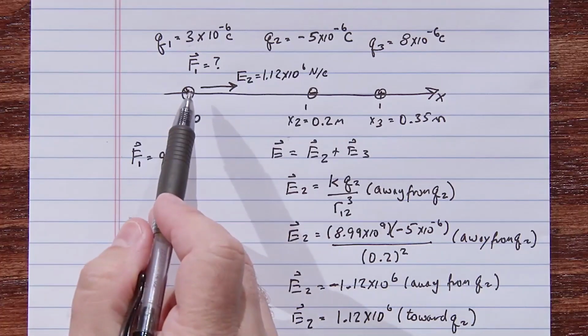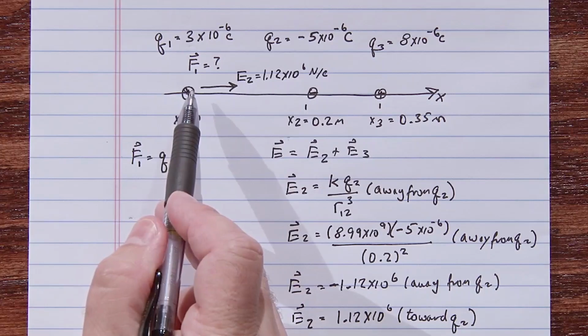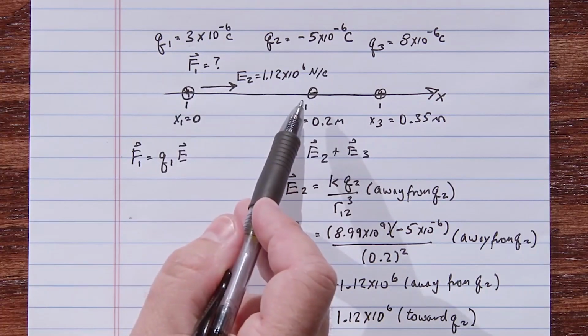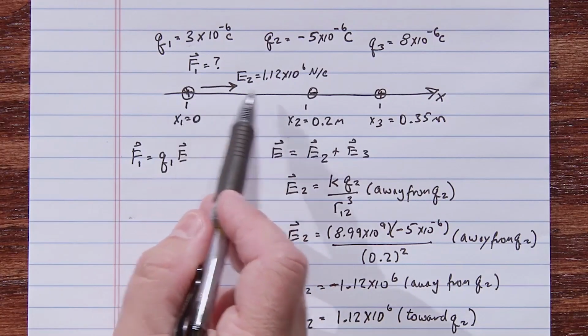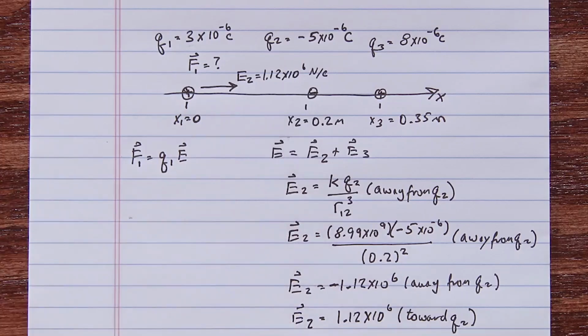So at this position, this charge is creating an electric field that points in the positive x direction, or points towards the charge. Just as we said before, the electric field points towards a negative charge. And so there we have E2.